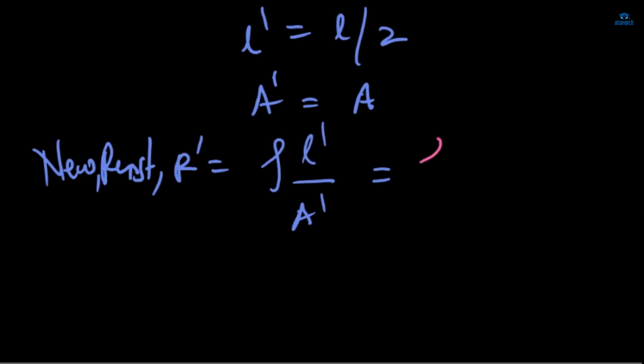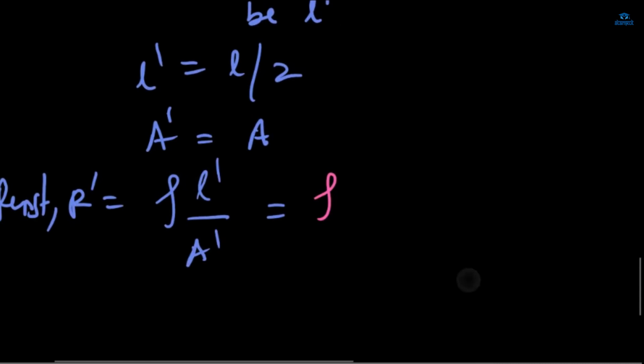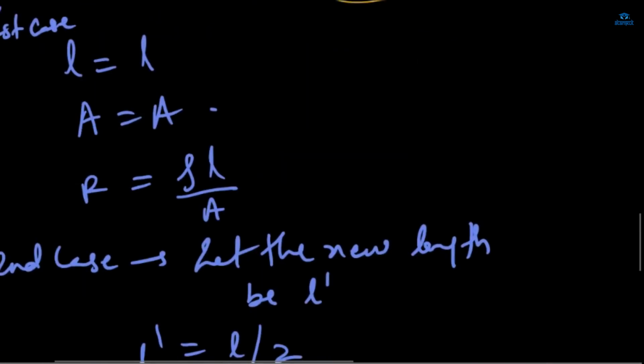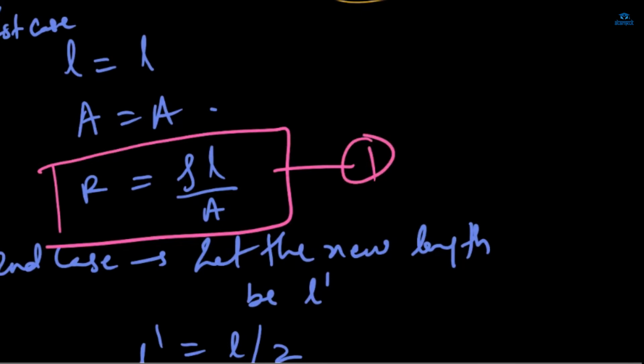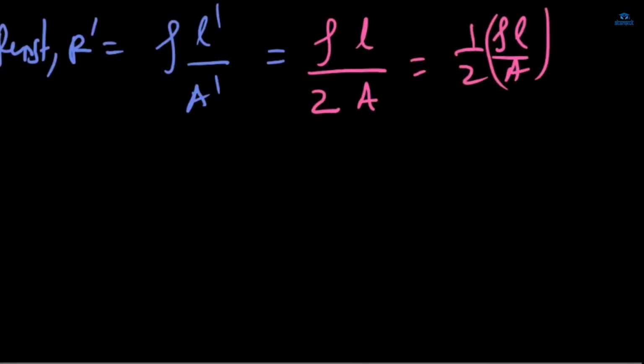Rho will be the same, L dash is L by 2, so 2 will be in the denominator, and A dash is the same as A. So 1 by 2 rho L by A. In the first case we saw that R is equal to rho L by A, so in place of rho L by A we can write R, so that we get R by 2.